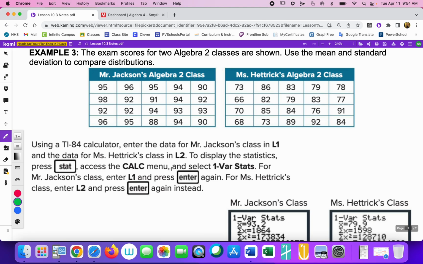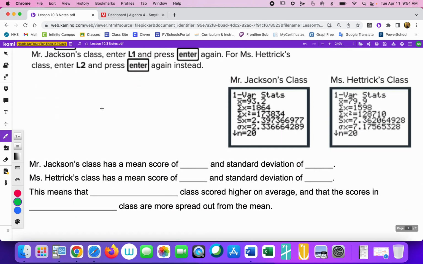So since we have both screen grabs here, okay, Mr. Jackson's class has a mean score of what? Whether you're looking at the calculator or just the paper up here. What's the mean of Jackson's class? 93.2, and standard deviation is what? 2.3.